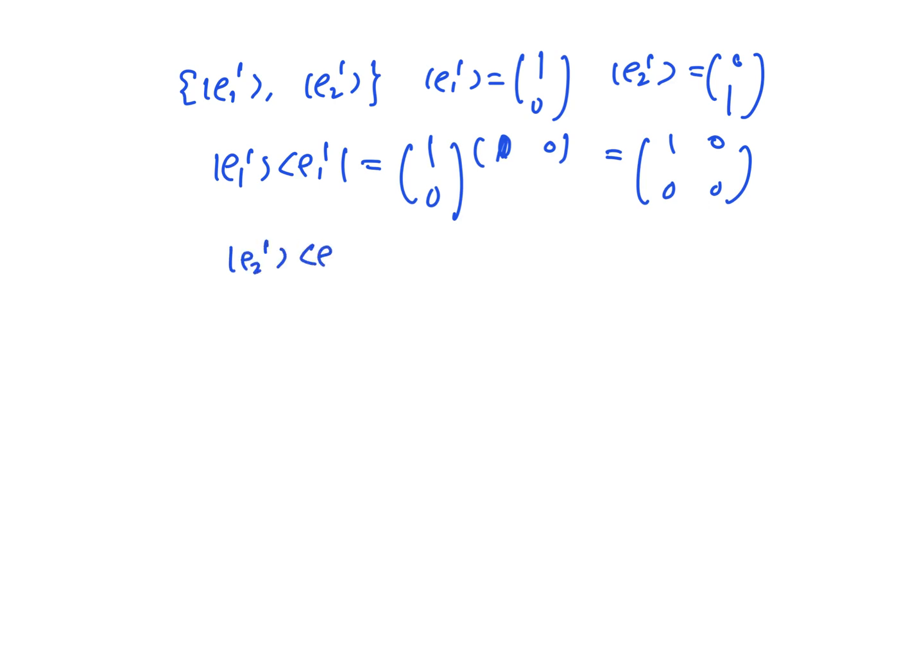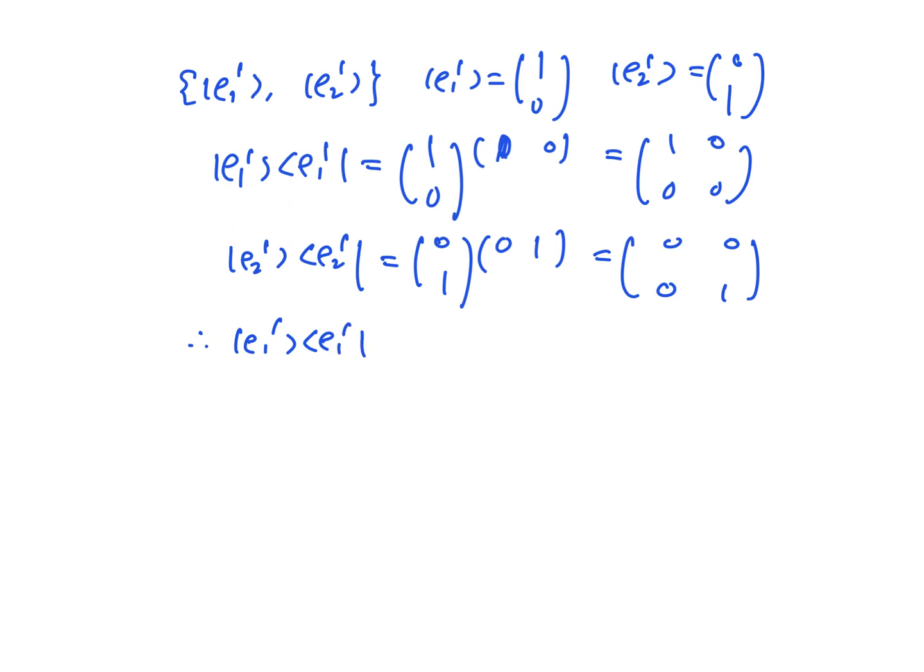E2 prime outer product E2 prime is (0, 0; 0, 1). So the sum is simply (1, 0; 0, 1), which is identity. So it doesn't really matter which form that particular basis takes. As long as you sum the outer product of each basis, it becomes identity.